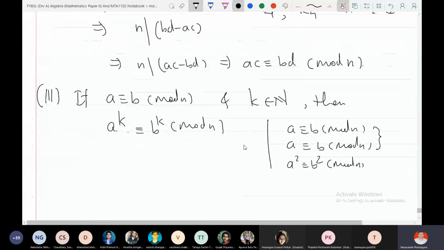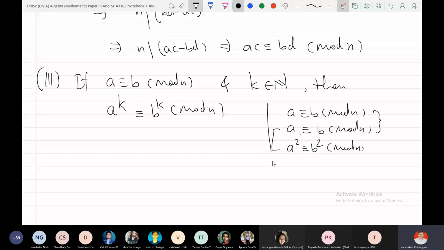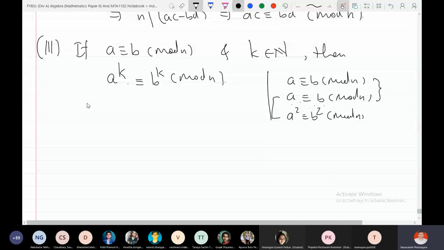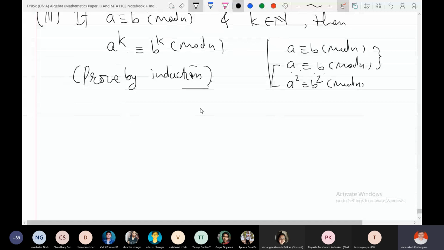Similarly, one more time I will multiply these two, and I get A cube congruent to B cube. Again I will multiply this with A. So you can take any power, K a natural number, meaning K is 1, 2, 3, 4, 5, whatever. So prove by induction. I think the idea of the proof is clear, so you should work out these calculations.